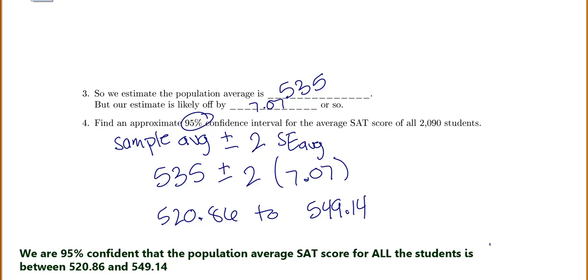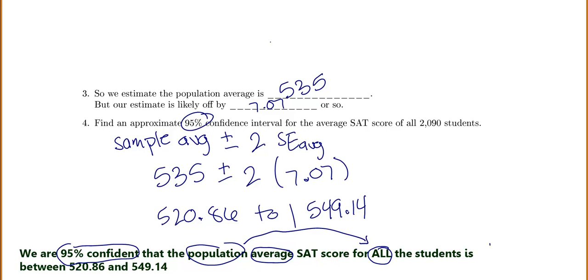Now notice there's a couple things that I really want to emphasize here in this interpretation as you're doing it. The first is that you are 95% confident. That's very important. We want to make sure we say that. And then it's the word average. We're dealing with the average. Make sure you put the word average in there. And then this keyword all and population, those two are linked.